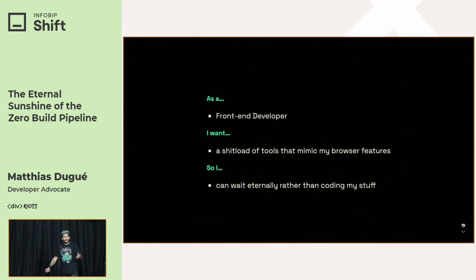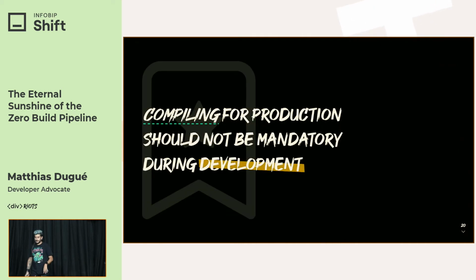Because I don't want to take my time to configure and reconfigure my stack on my application just to be able to run something in my browser. I just want to dev, and I want to be focused on the code because this is my job. And I'm not a tool configurator. This is not what I do.